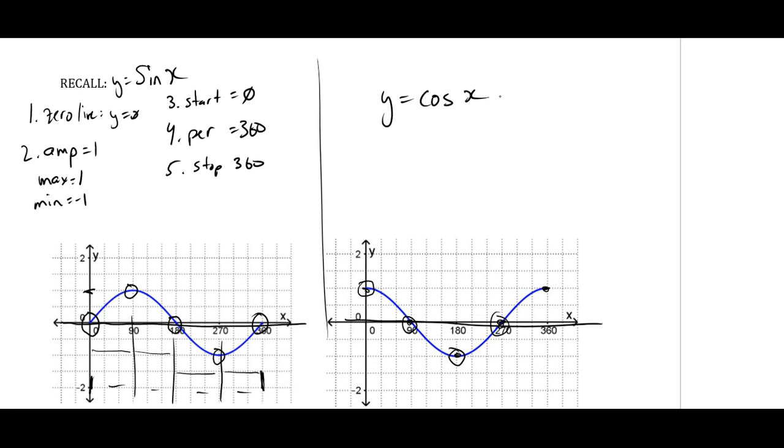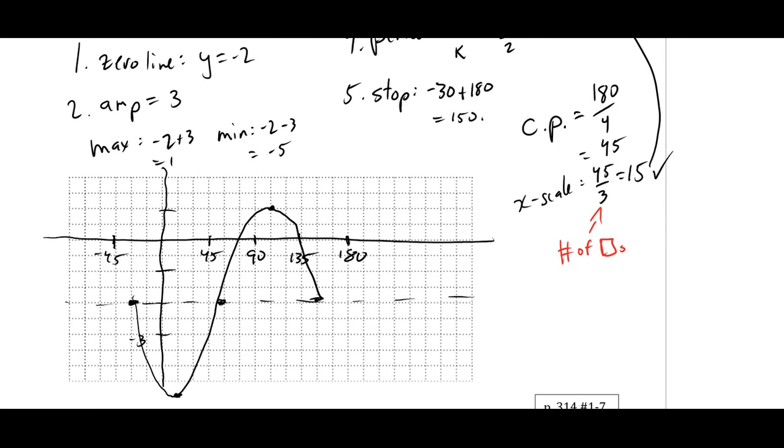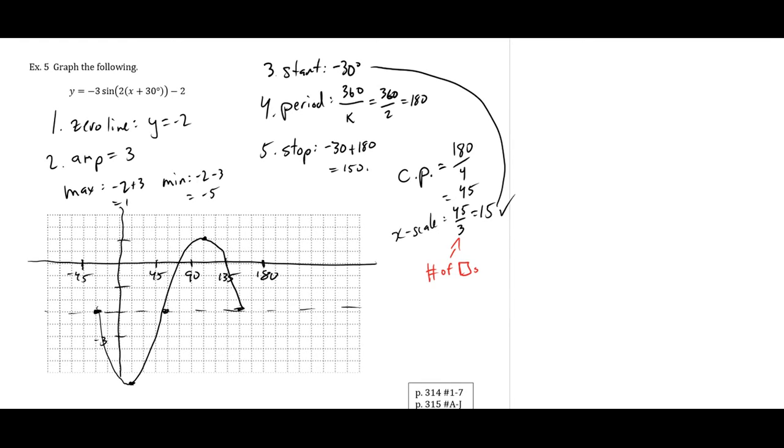And then we can answer these 5 key questions looking at the transformations and use them to come up with our x scale and think about where these 5 points are moved to. And so here's the example that we did in class where you can see that happening.